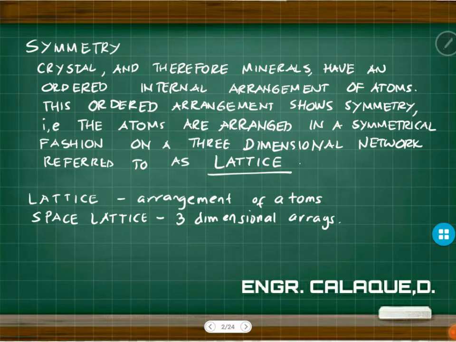So anyway, the atoms are arranged in a symmetrical fashion on a three-dimensional network referred to as a lattice. Okay? In short, lattice is just the arrangement of atoms. If it talks about the three-dimensional arrays, other books call it a space lattice. Okay? So I think that's it.